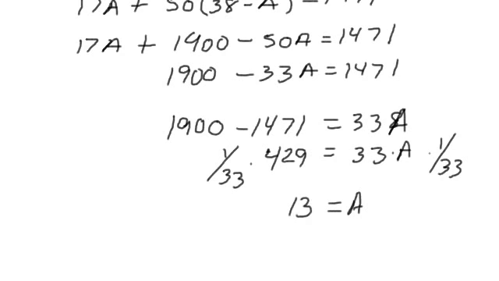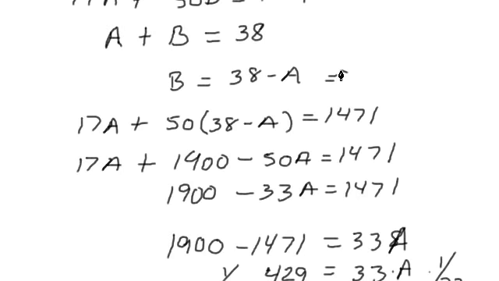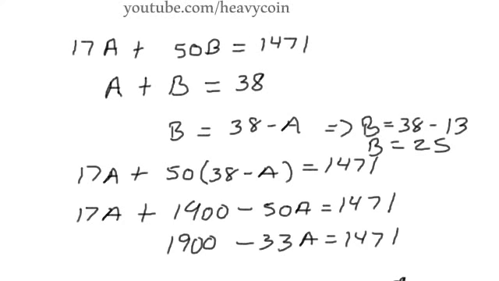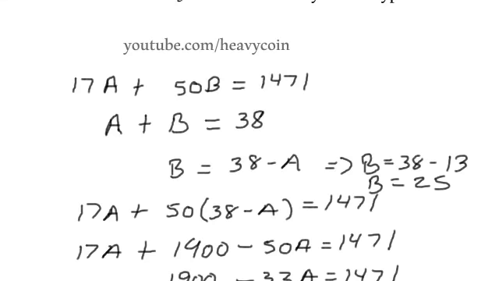So we're going to be able to buy 13 hooks of type A. Now we're going to go over here and find what B is. 38 minus 13 gives us 25. So B is 25 and A is 13.